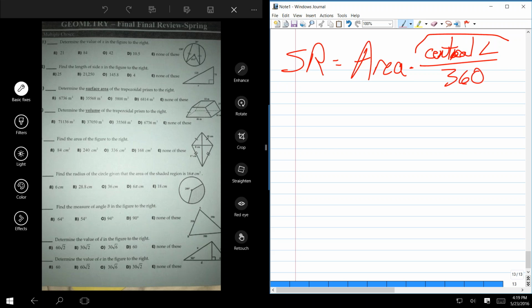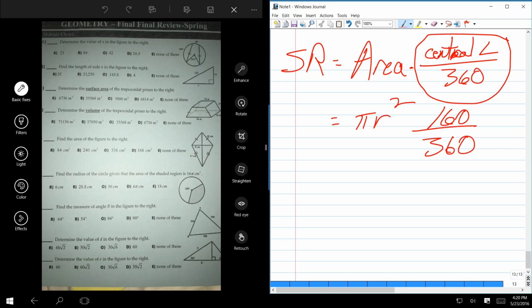In other words, that represents the percentage of the circle that we're talking about. In this case, what is the central angle of the shaded region? 160. Okay, so that's 160 over 360. And the area is pi r squared. And what they gave us was the shaded region. So we're going to fill that in there.